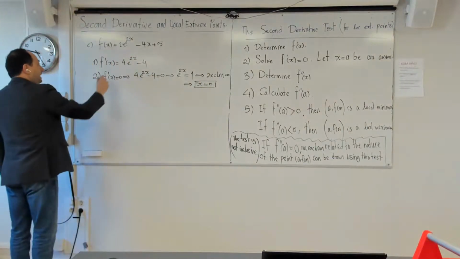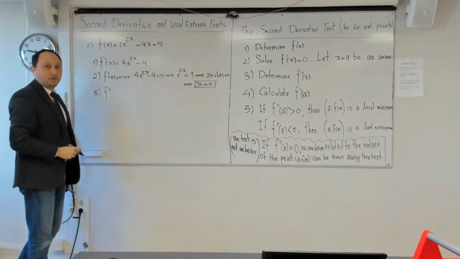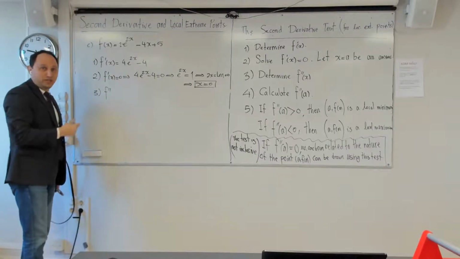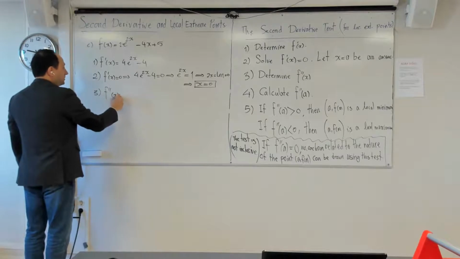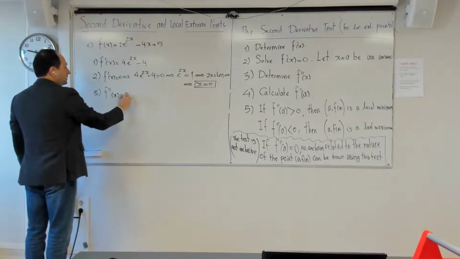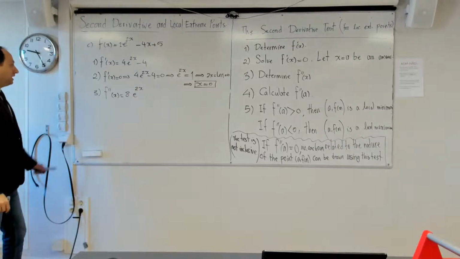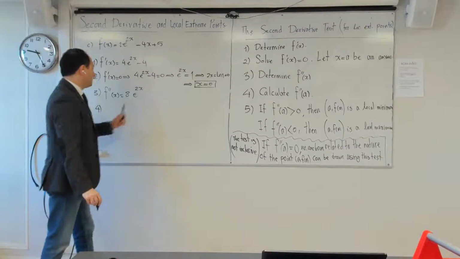But you see, taking the second derivative is very simple. Instead of setting up a sign table, I would myself prefer to use the second derivative test if I am lucky, yes? So what is f double prime of x? The 2 goes down, it becomes 8e to the power 2x. Then I need to put this number in the second derivative.